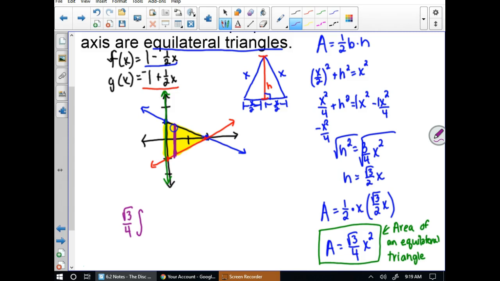Then I'll have top function, which is 1 minus 1/2 x, minus the bottom function, negative 1 plus 1/2 x, and then we've got to square that. And what should our limits on our integral be? 0 to 2.